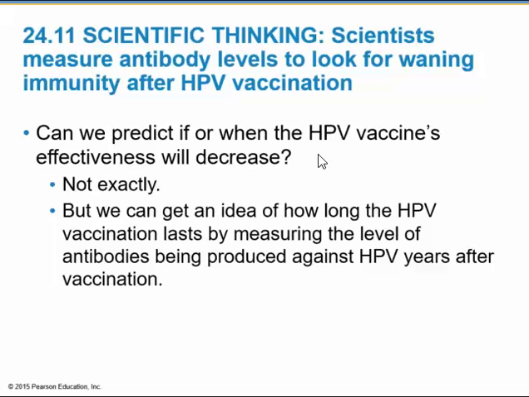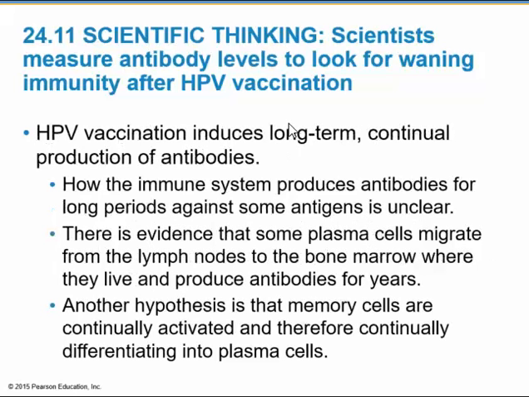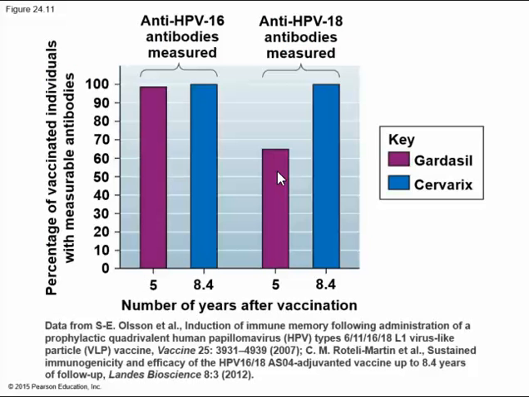All you can do is measure the antibody level in people who've been vaccinated. Do a simple blood test to measure the level of antibodies, and you get an idea if a booster may be indicated. According to this chart, it seems that Cervarix lasts longer than Gardasil.